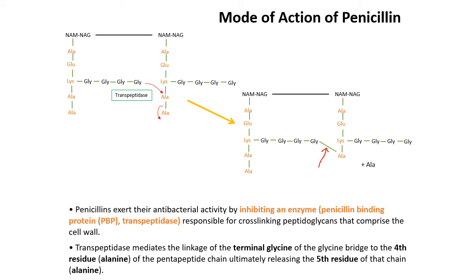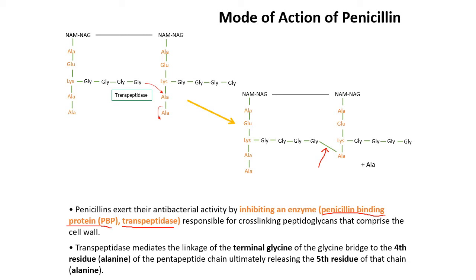Now this is an enzymatically controlled process. Getting glycine and alanine to react under normal conditions is quite tricky, but an enzyme allows the process to happen. This enzyme has unfortunately two names for exactly the same thing. It's called transpeptidase, but also known as penicillin binding protein, or PBP. Transpeptidase and penicillin binding protein are exactly the same thing.